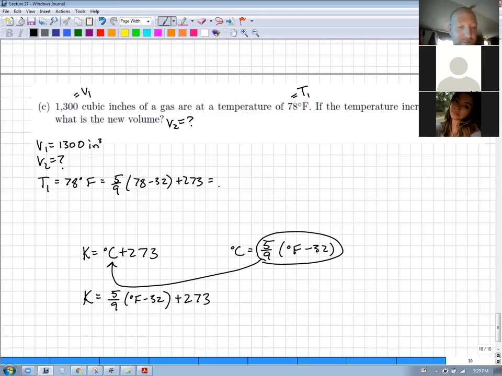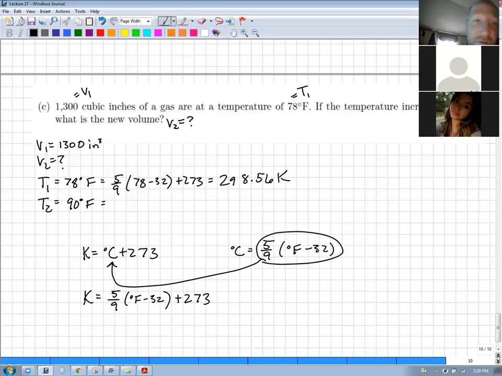So let's see what we get here. 78 minus 32 times 5 divided by 9 plus 273, which is 298.56 Kelvin. Temperature 2 here, 90 degrees Fahrenheit.